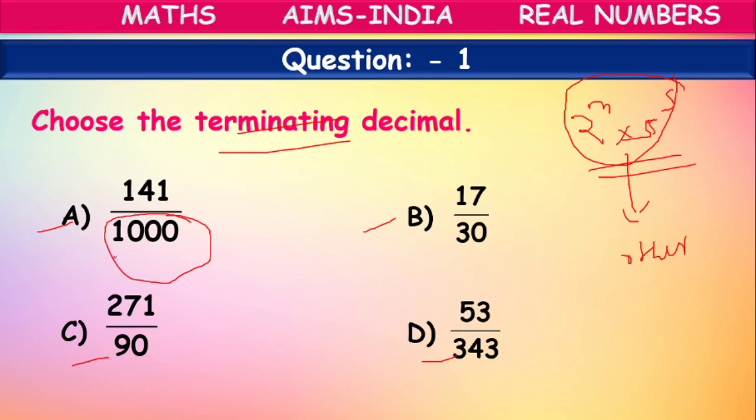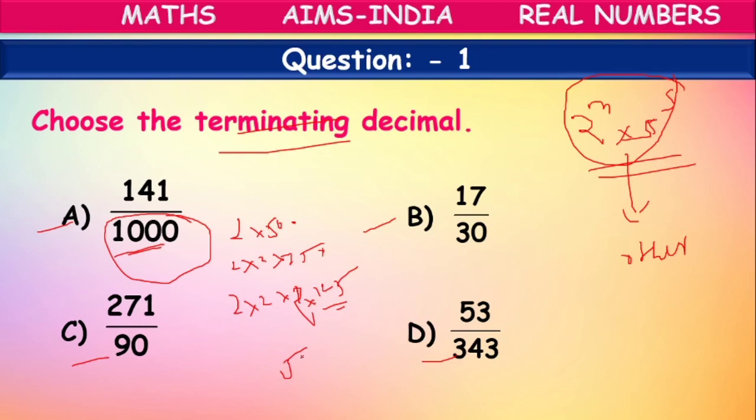So let's see with 1000. How to represent 1000? We can represent it as 2 into 500. Again 500 is 2 into 250, and 250 is 2 into 125.